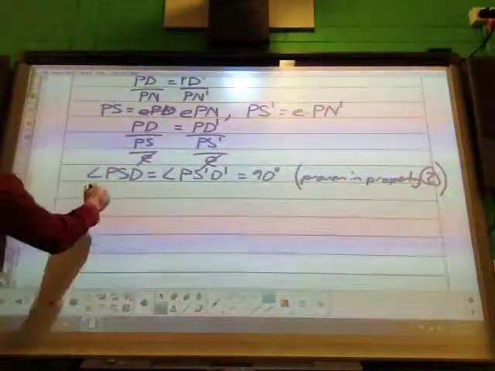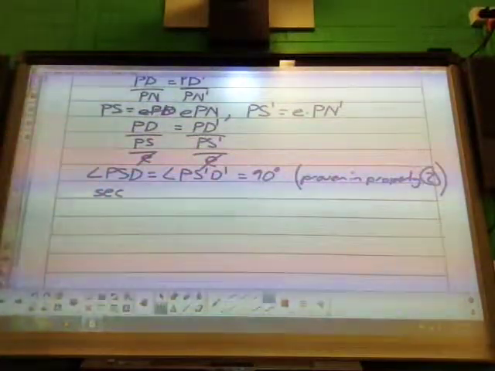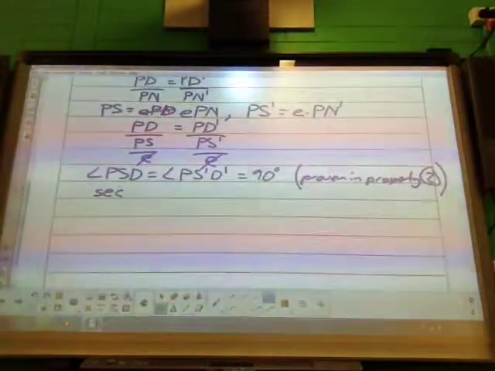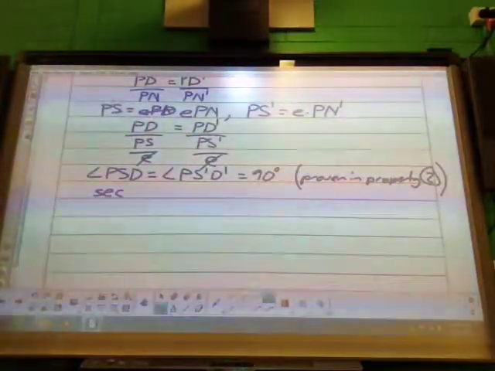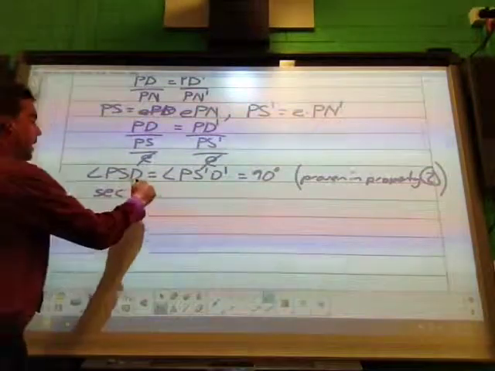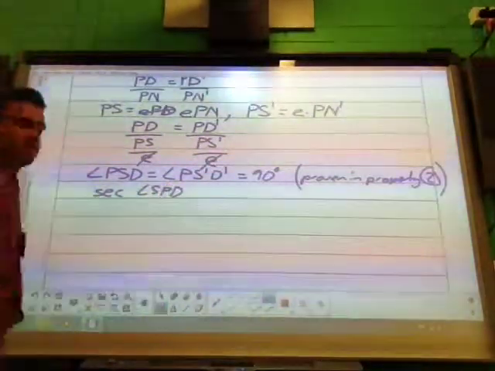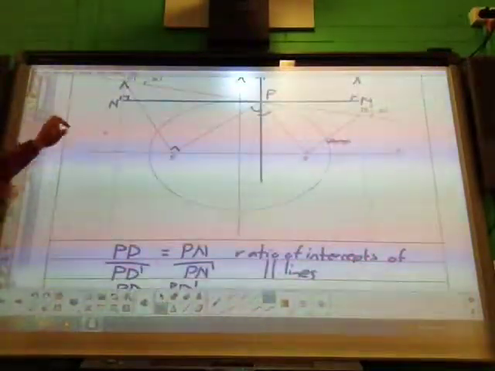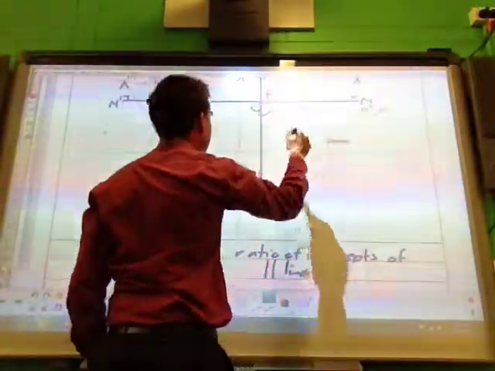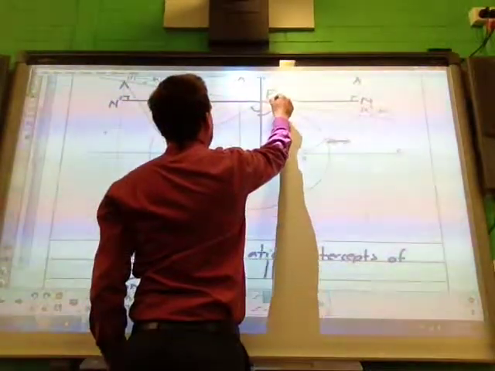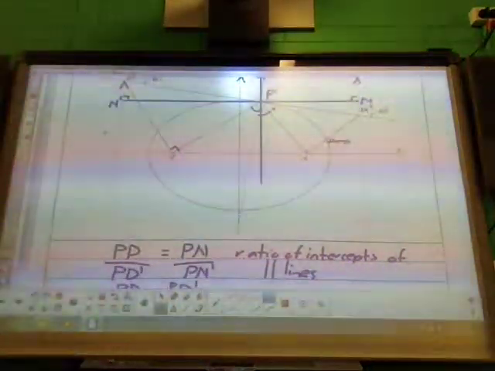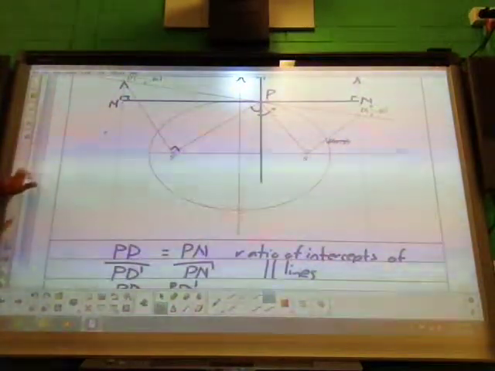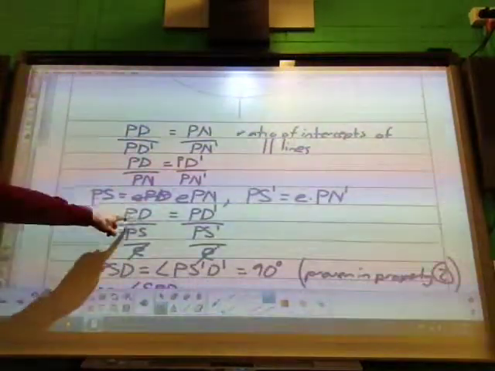Okay, now the secant. So cos is adjacent over hypotenuse. Okay, the secant of angle SPD, so that angle there, because we've got the right angle triangle, I'm now going to use trig, because I've got the ratio of PD and PS.